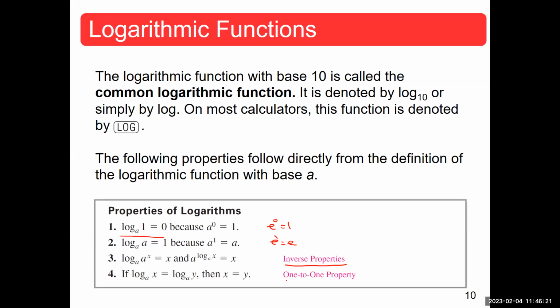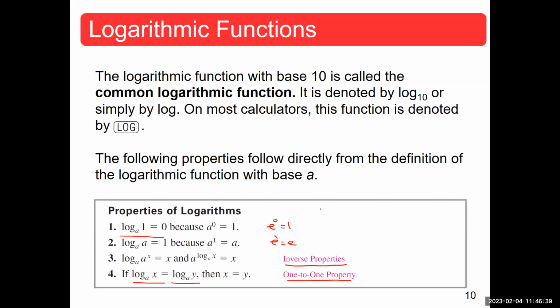Now, the one-to-one property is very similar to the one we saw a minute ago. We have log base a of x equals log base a of y. Because the base is the same, what's inside is the same.